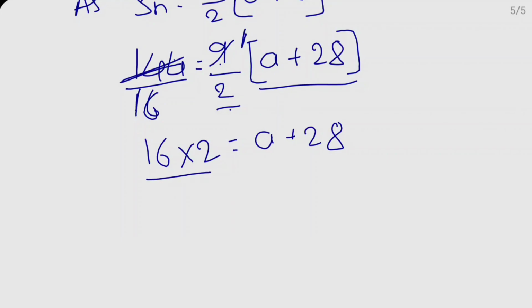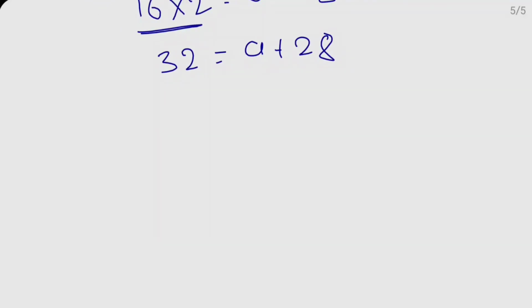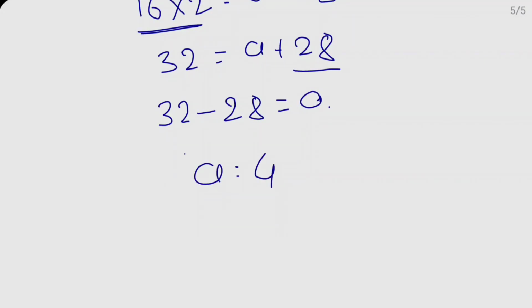So now multiply these two, we got 32 and this equals A plus 28 and now this 28 comes to the LHS side, it becomes a minus 28 and this equals A. So A equals 4. A is 4. Is it clear?